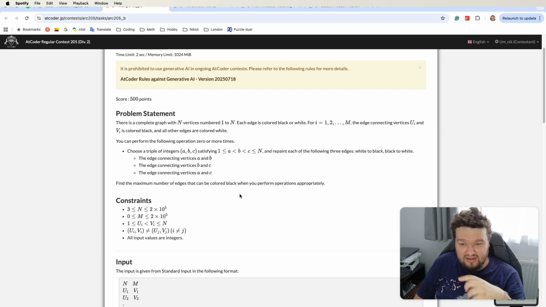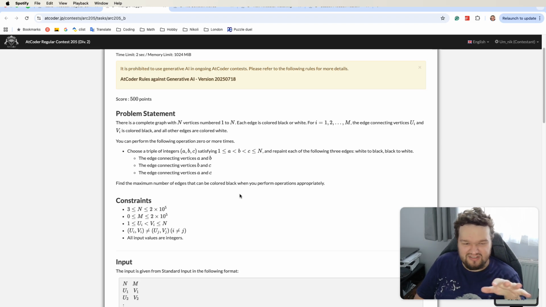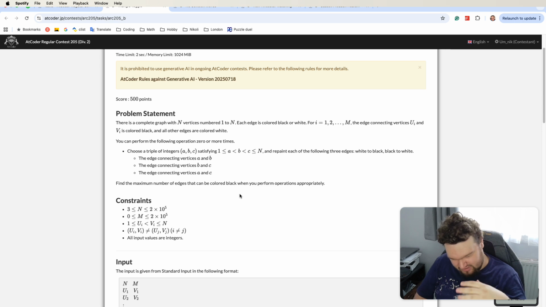but I can take pairs of white edges that go from vertex 1 and flip the corresponding triangle. That will decrease the number of white edges, but for all vertices except vertex 1, it will still be true that their white degree is 0 or 1. And so I will do that while I have at least two white edges from vertex 1.